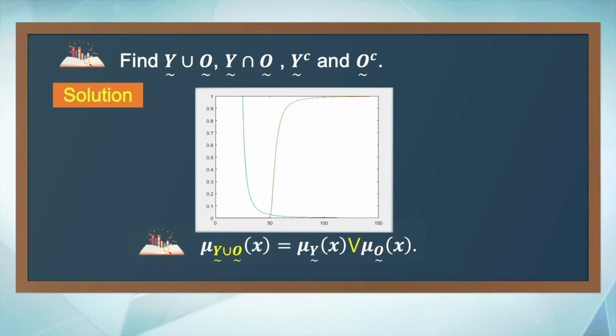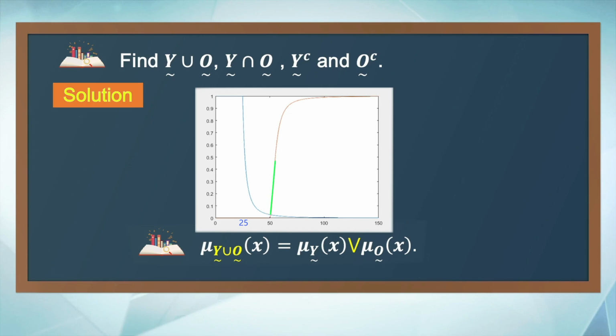Before we write down the formula of the membership function of the union, let's take a look at the graph of the membership function of the union. If X is less than or equal to 25, its degree of membership is 1, and if X is greater than 25, the membership function decreases rapidly along the blue curve till this point where the two curves meet.